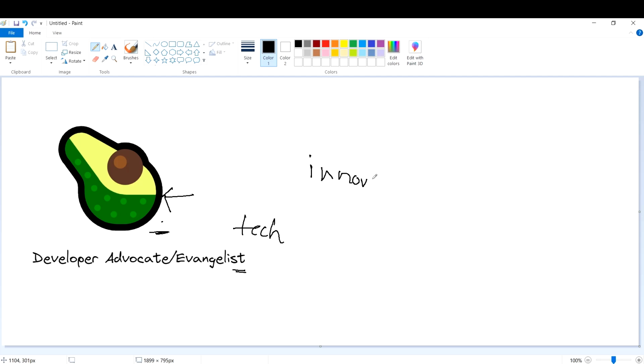The avocado is also a healthy and versatile food, which aligns with the values of many developer advocates who are passionate about promoting healthy work-life balance and sustainable practices in the tech industry. So this is all about the emoji that we see here on this page. That's how it originated, basically.